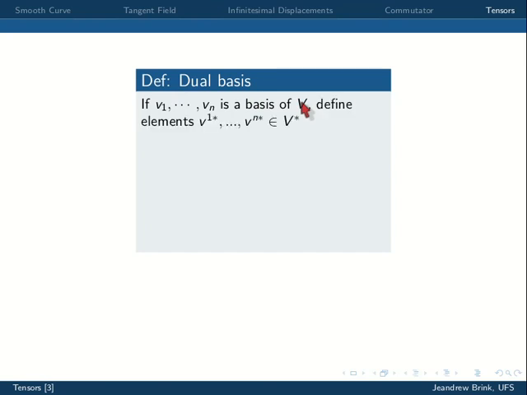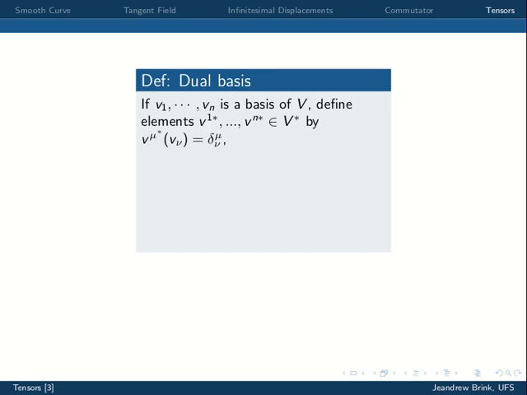You simply define them as elements that have the property that if you apply that element to your vector basis, you get the delta function.